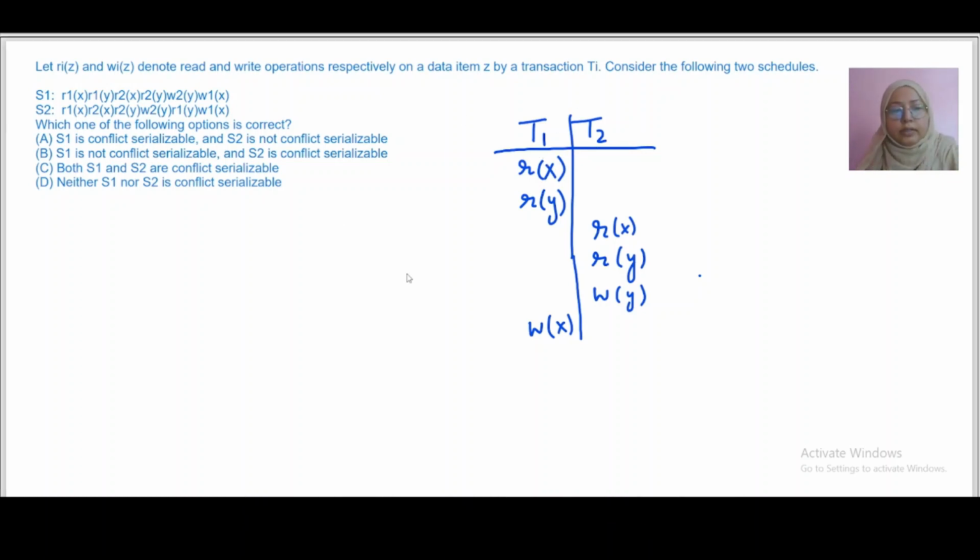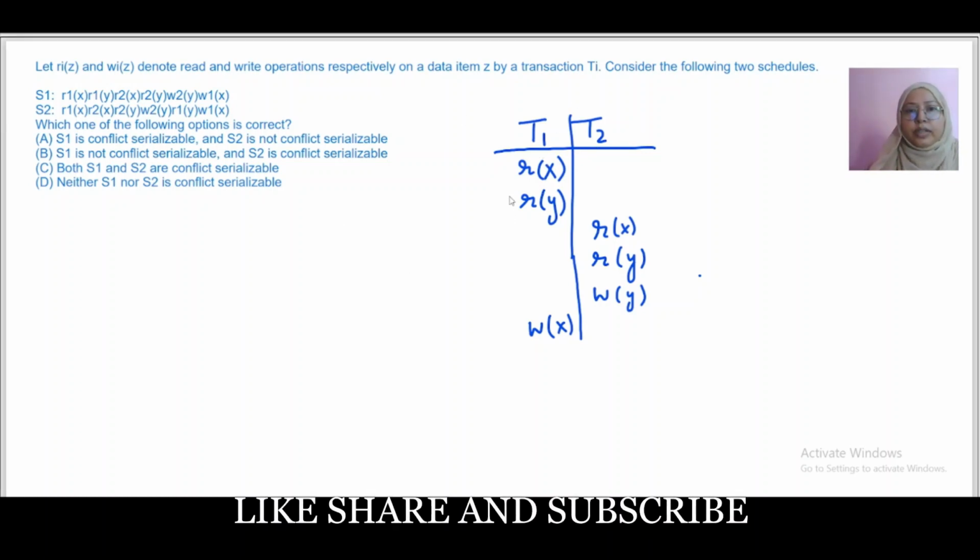So let's see. Read will clash with the write of that variable. Suppose here it is read of x and here also it is read of x. So read of x will not be a problem with read of x. Read of y, no problem here. Read of y, read of y, again no problem. And here it is write of y.